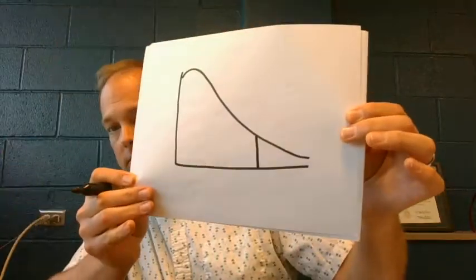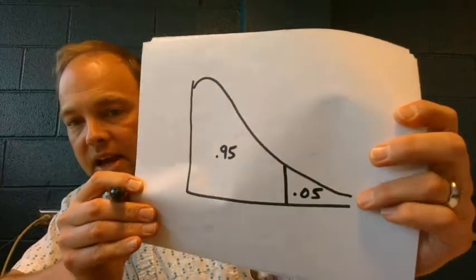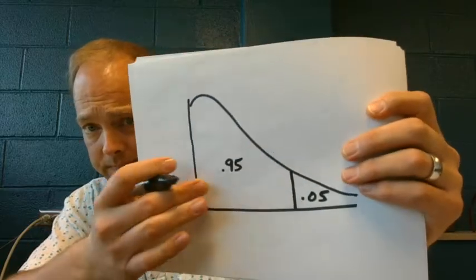I indicate the tail. We're testing this hypothesis at the 0.05 level, so that means that's how big the tail is, 0.05, and the body 0.95. And then I'm going to switch to a pen because these markers, as you can see, are pretty wide.